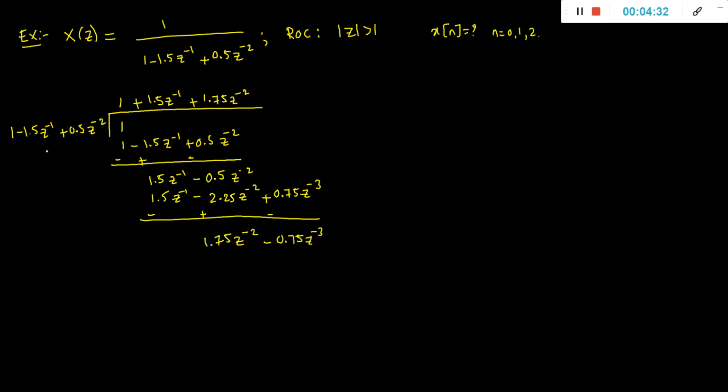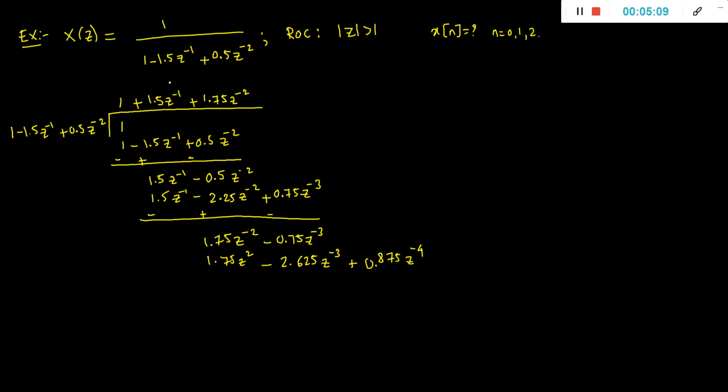If I multiply this with the first term, I get 1.75 z to the power minus 2, and now 1.75 into minus 1.5 gets me minus 2.625 z to the power minus 3. Next I have one more term to go, that is 1.75 into 0.5, which gets me 0.875 z to the power minus 4. Once again, you can just continue by flipping the signs and so on.